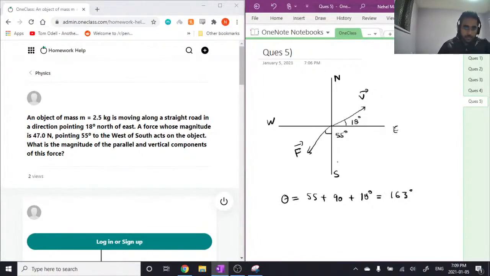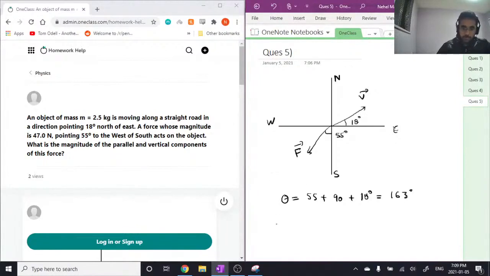Alright, and parallel and vertical components. Okay, so if you think of this as this, this would have 2 components.